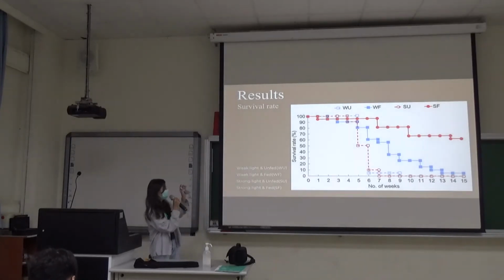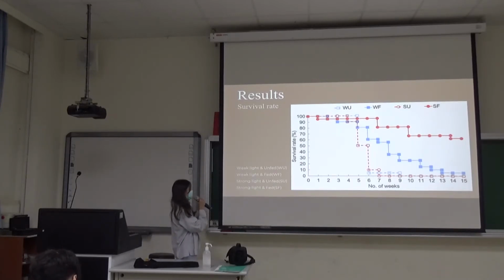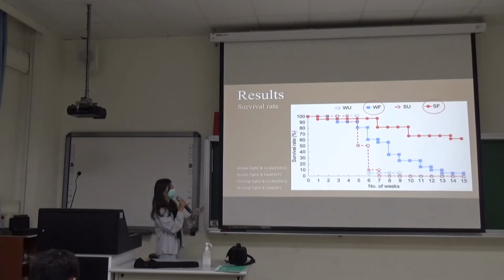So we put predictions 1 and 2 together. We look at this figure. The X label is number of weeks. The Y label is survival rate. We first look at WF, which is weak light fed and strong light fed.